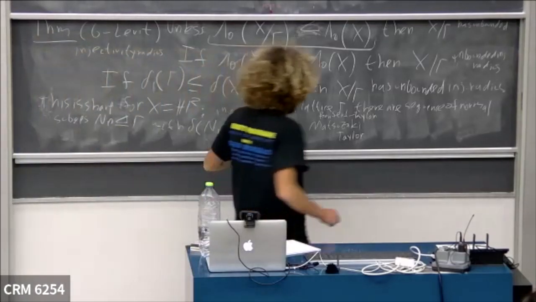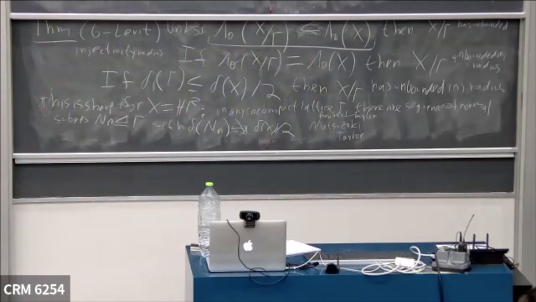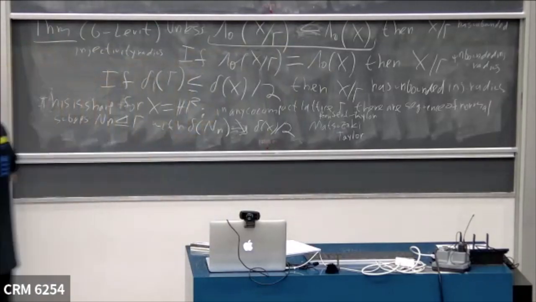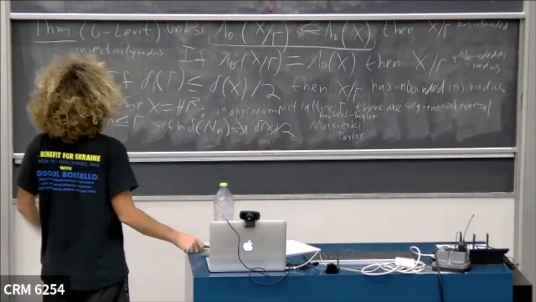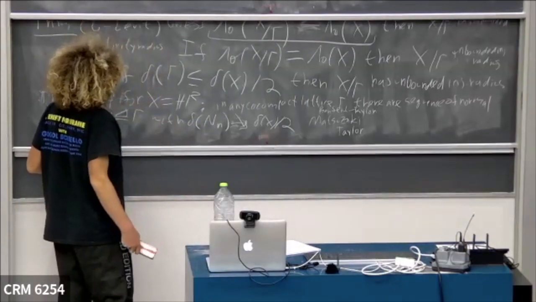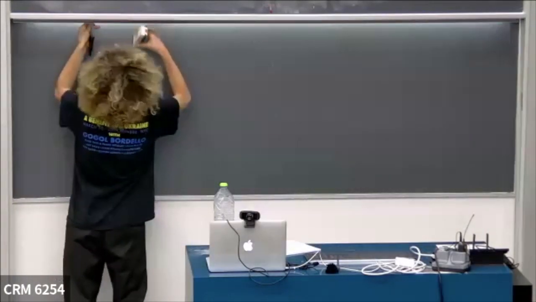Okay, so everything I stated so far, there's nothing random in it. This is completely geometric. But this is a theorem about stationary random subgroups, and in order to phrase the theorem about stationary random subgroups, I want to do it in a much broader setting.